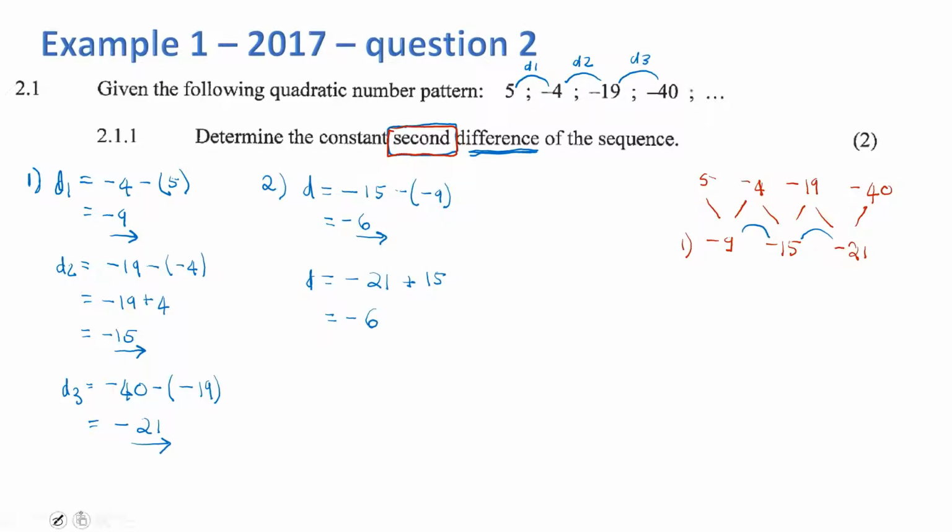So if we complete this graph, then we've got the difference between these two terms, minus 6, and the difference between these two terms is minus 6. So that's basically the gist of the first question, with these 5 answers being exactly what they wanted, right? These 5 answers over here.